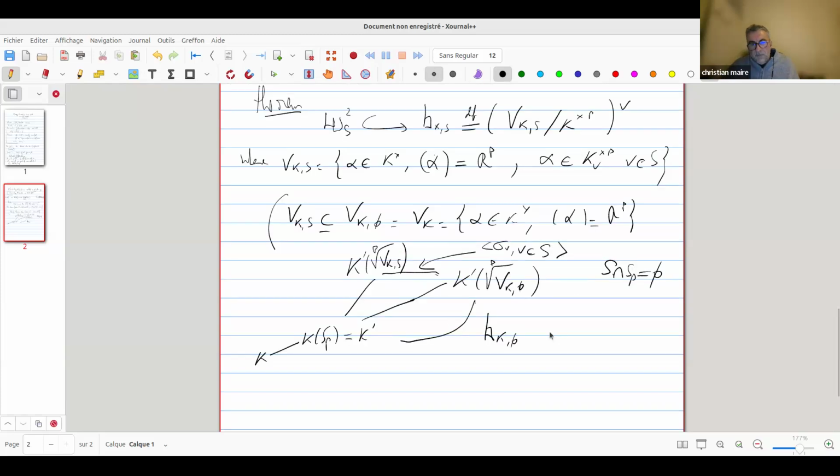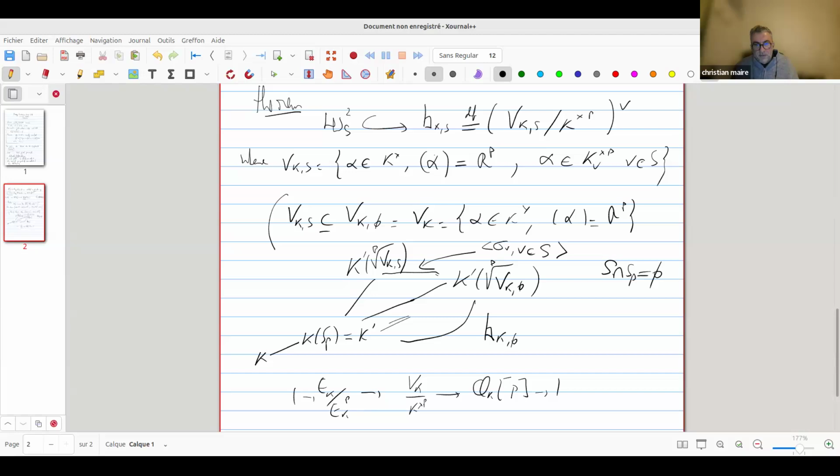Now it is easy to see that if you choose a place in S such that the Frobenius generates this extension, which is finite. How to see that? This extension is just controlled by the class group and the units, as was mentioned two weeks ago by Ravi. There is a natural map: you send alpha to the class of your element A in the class group, so you arrive in the p-torsion of the class group, and the kernel is just the units.